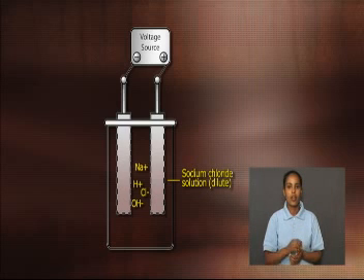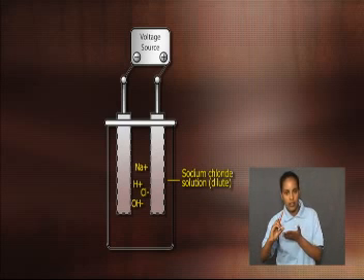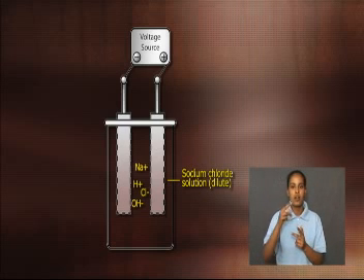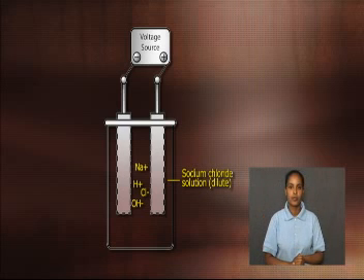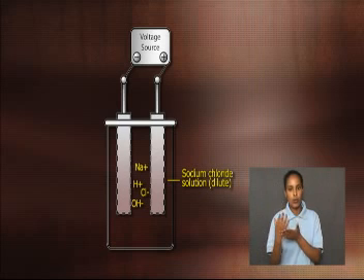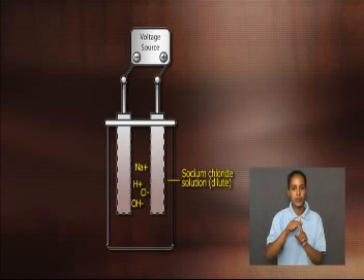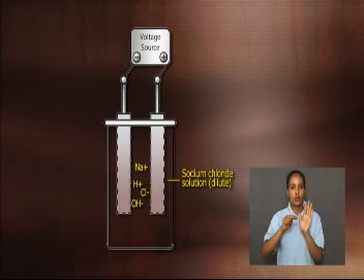At the anode, the chloride ions are discharged in preference to the hydroxide ions because their concentration is also very high. Hydrogen gas is being produced at the cathode, and chlorine gas is being produced at the anode.